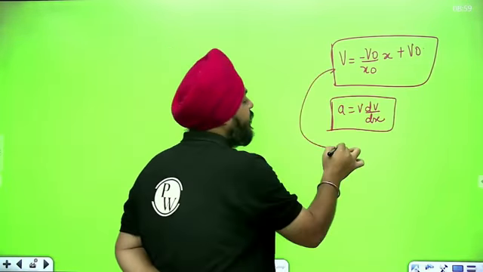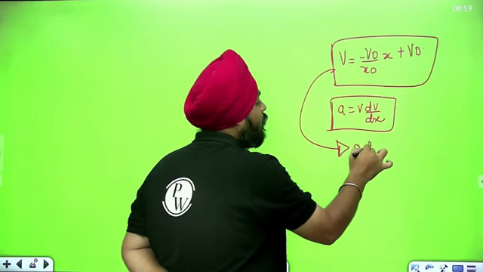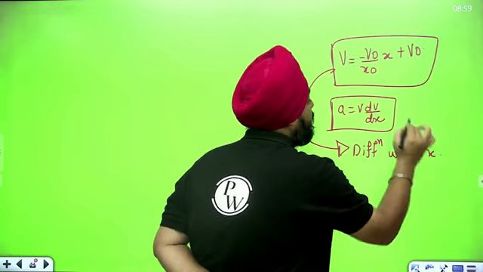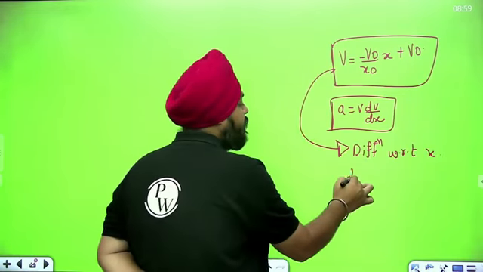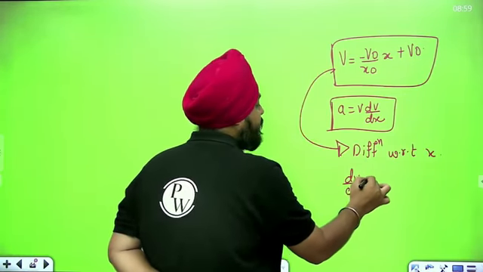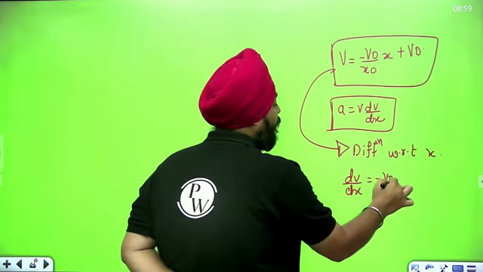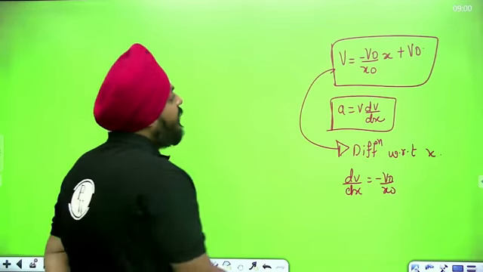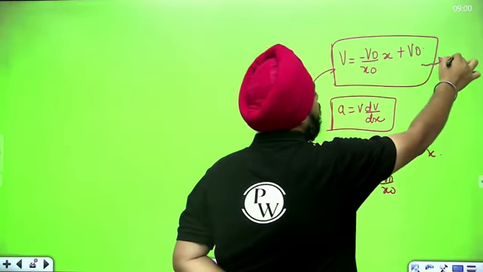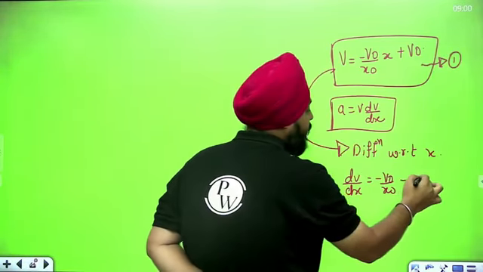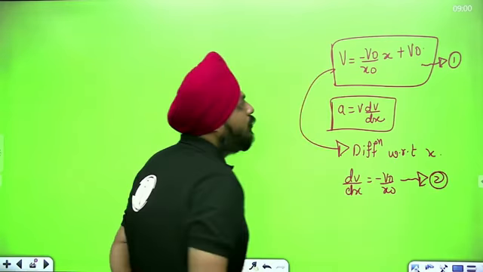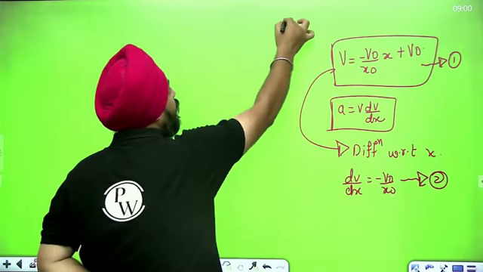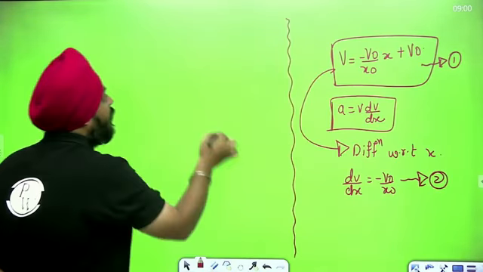Let's differentiate this equation with respect to x. So dv by dx is equal to negative of v naught by x naught. Let's consider this as equation number 1 and the earlier one as equation number 2. From this we are going to obtain the equation of the acceleration.